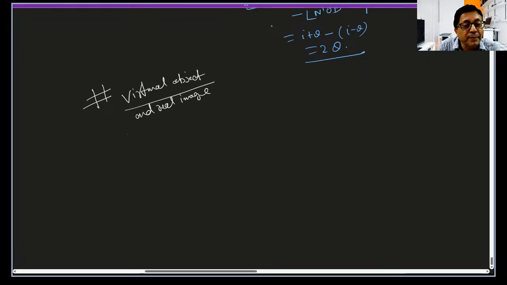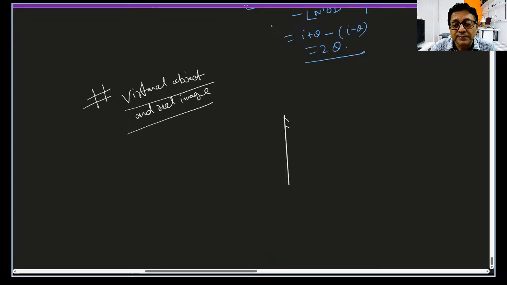This situation arises many times in ray optics, in spherical mirrors, lenses. Virtual object and real image, where you use a combination, it happens. But here, just by using one plane mirror, we can get it quickly.